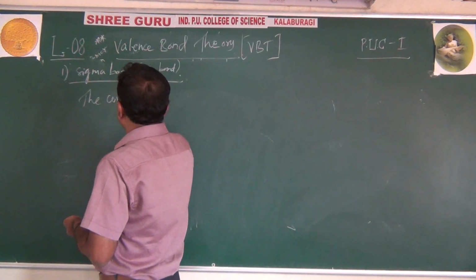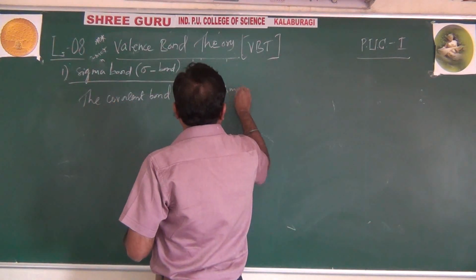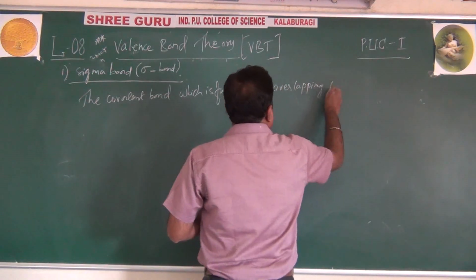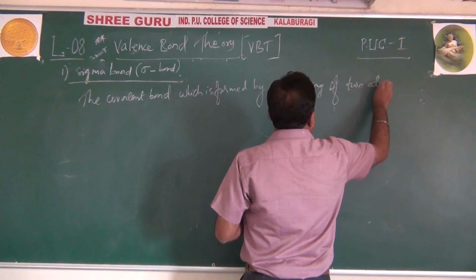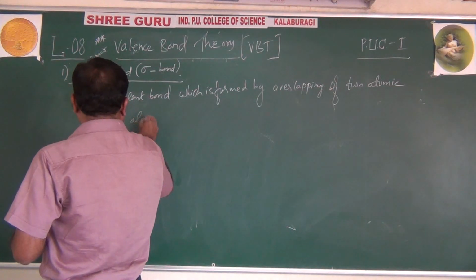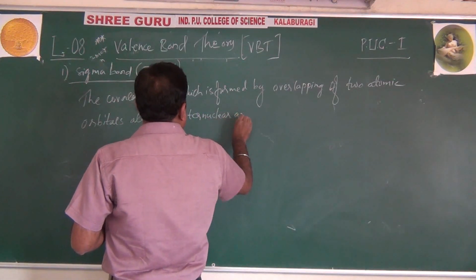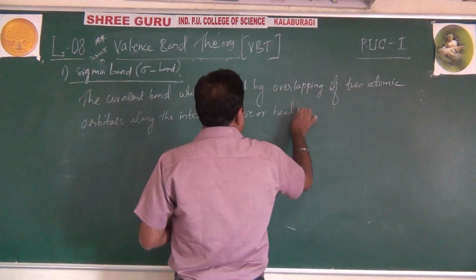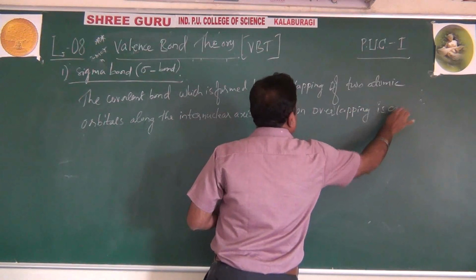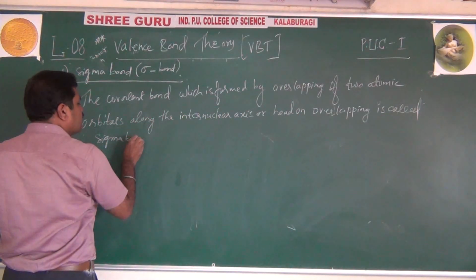Notice, sigma bond: the covalent bond which is formed by overlapping of 2 atomic orbitals along the internuclear axis, very important, or head-on overlapping, is called a sigma bond or sigma covalent bond.